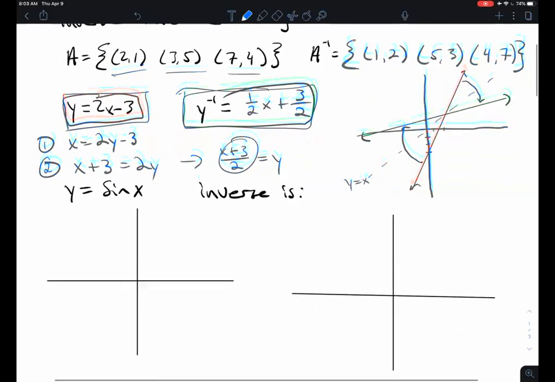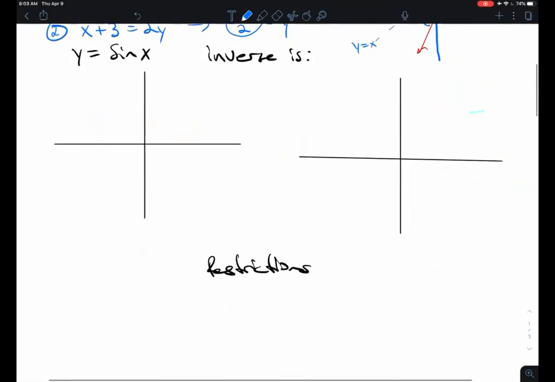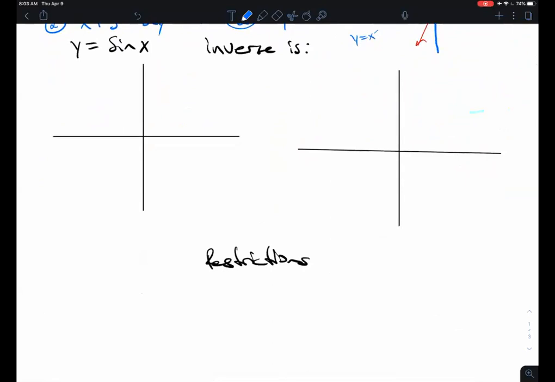So when we come down to our trig functions, y equals sine x, we know, looks like this. That's negative 2 pi and 2 pi. There's 2 periods of the sine graph. The inverse is going to be y equals sine inverse of x.